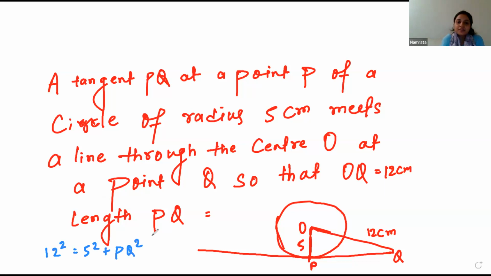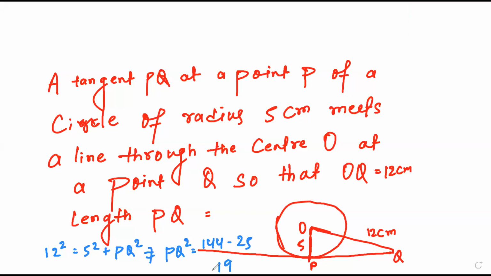That is, PQ square is equal to 144 minus 25, that is 119. So PQ is under root 119, right?